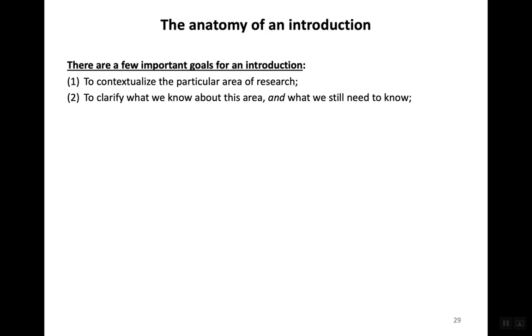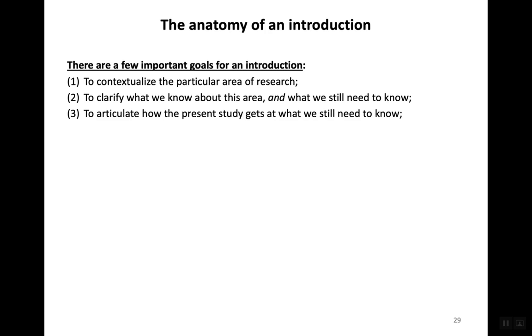Secondly, they try to clarify what we know about a given area of research and what we still don't know. What areas are well understood and what aspects of the field are rather unclear or controversial.